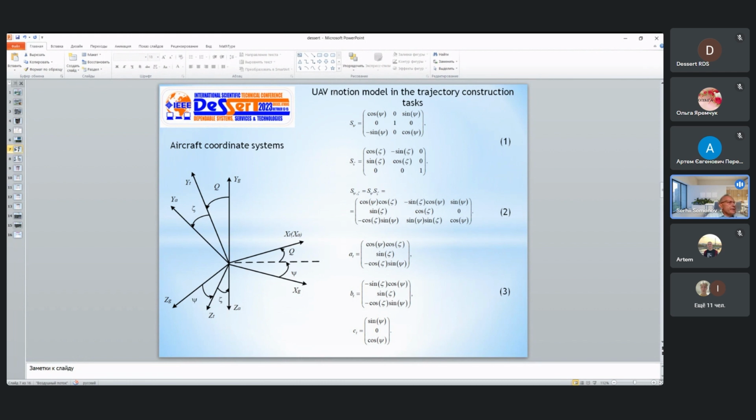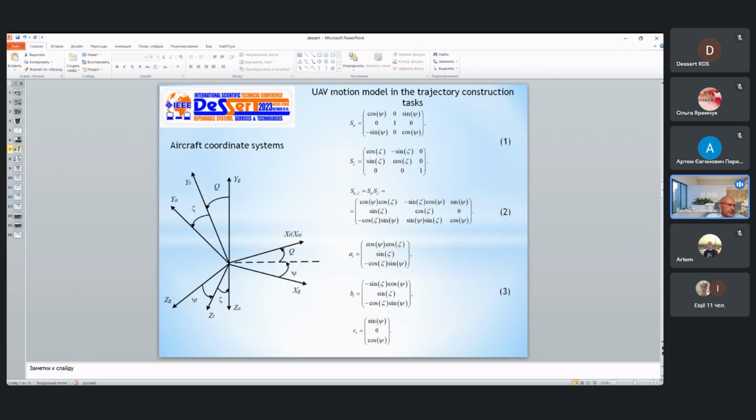Okay. Using the result, some authors describe the rotation and transition matrices from the normal coordinate system to the trajectory coordinate system, and form a basis of transition vector of the trajectory coordinate system to the normal coordinate system.